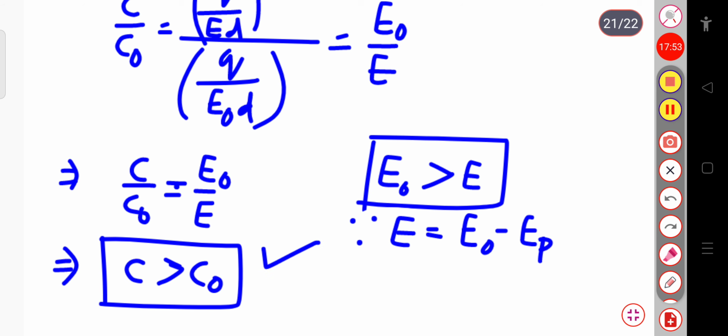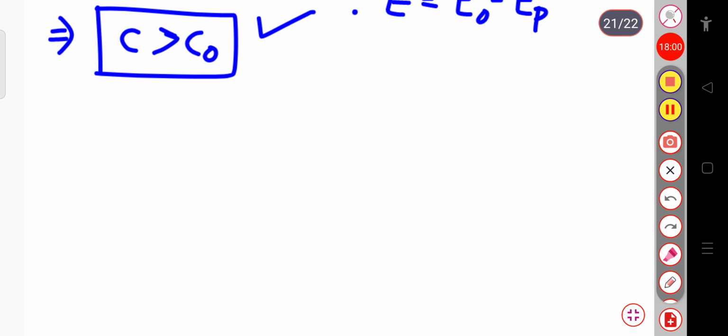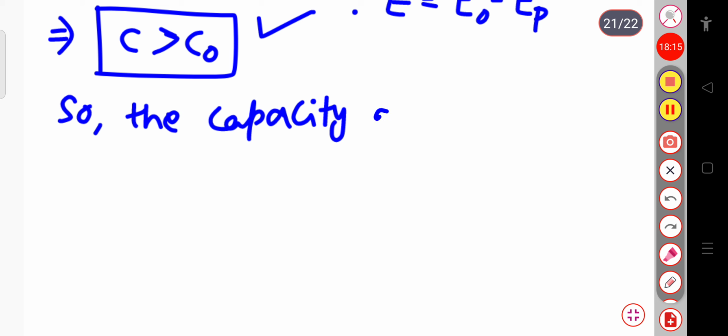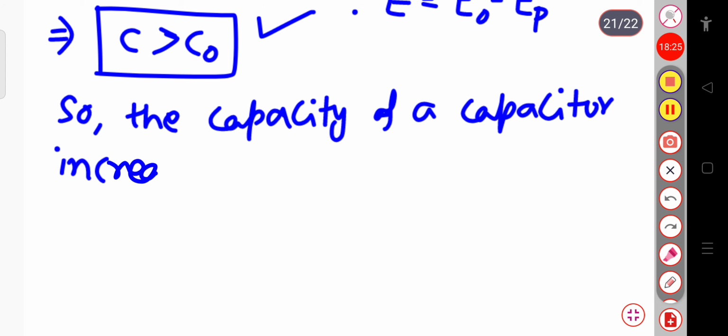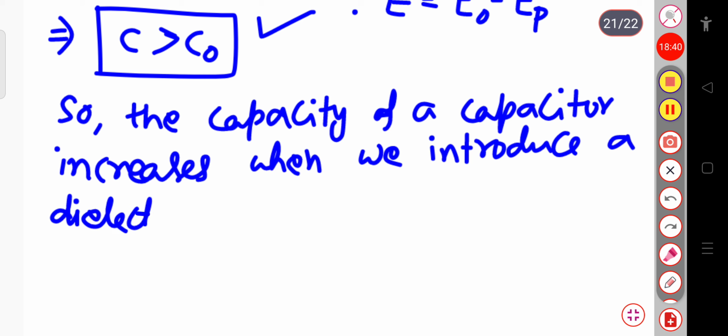Let me write it here. The capacity of a capacitor increases when we introduce a dielectric slab, or a dielectric between the plates.